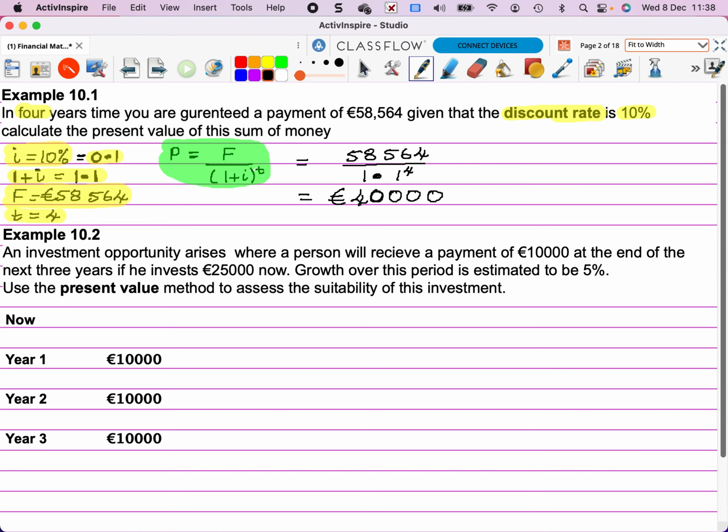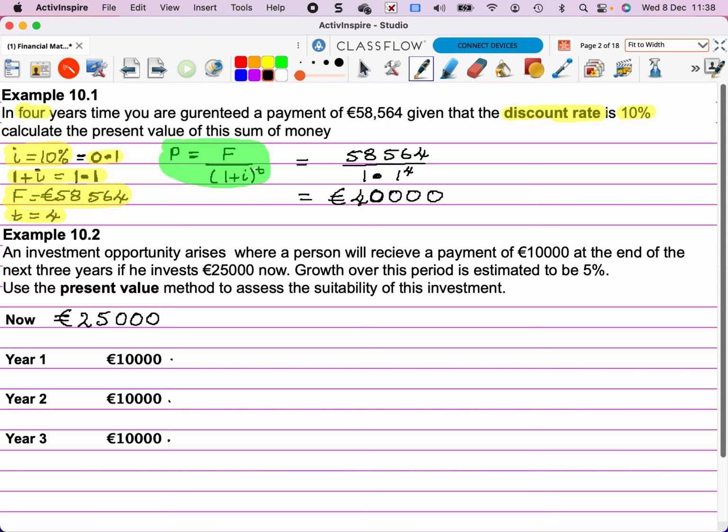Now, what is the investment? This is our baseline comparison. Our investment is 25,000. So we're going to work out the present values of each of these 3 sums of money.